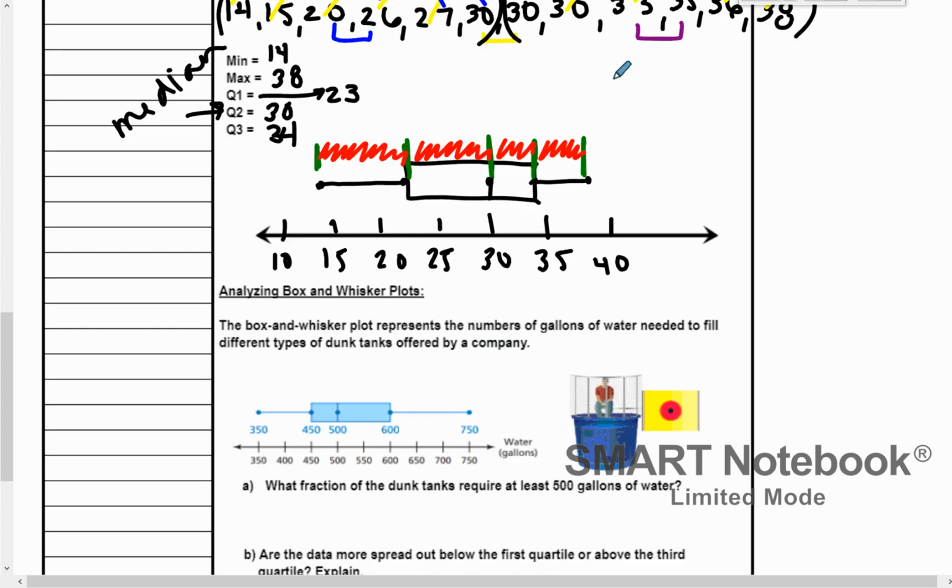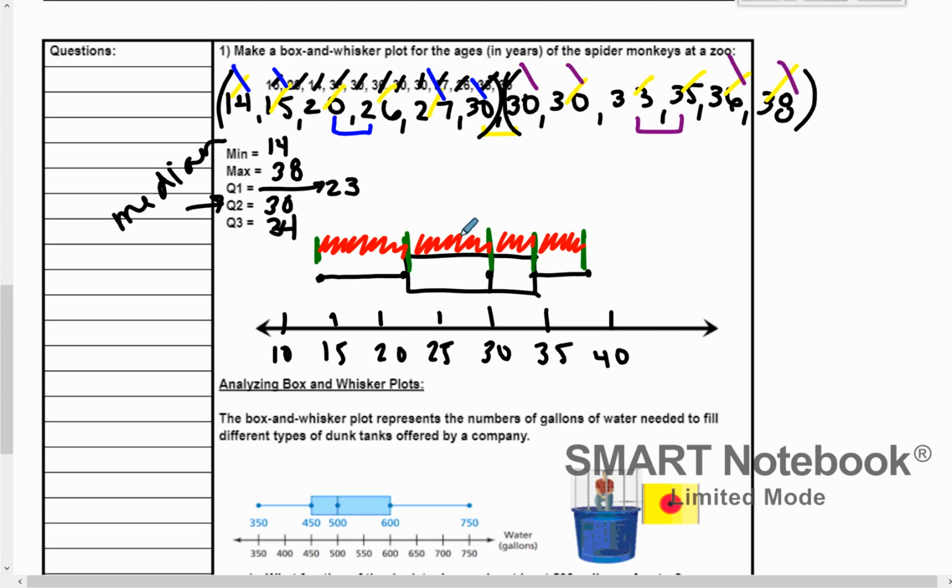Okay, so for example, when we split that data into groups, here was our Q1, Q2, and Q3, min and max. So these are basically these green lines that are down here, but just in our list of numbers. Okay, notice how there's 3 numbers in this group, 3 numbers in this group, 3 numbers in this group, 3 numbers in this group.